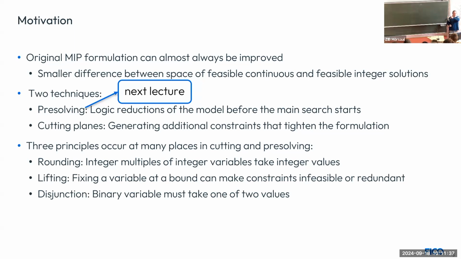I think this will become more clear throughout the presentation. Advice: if you ever try to work on presolving procedures, if you want to come up with new presolving deductions, start looking at cutting planes that were generated for your problem and ask yourself, why didn't I get the information that this cutting plane contains already in presolving?